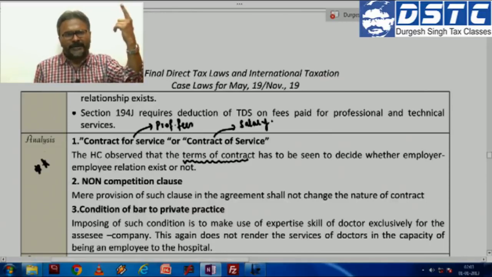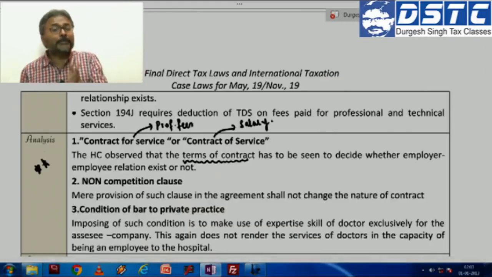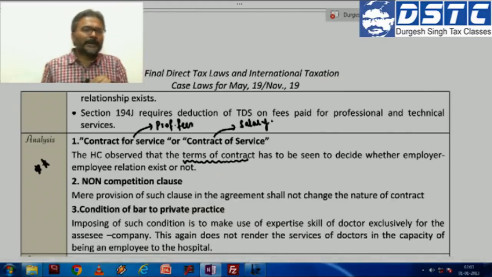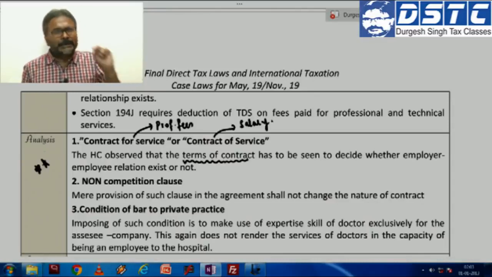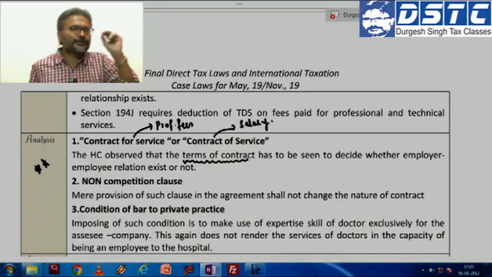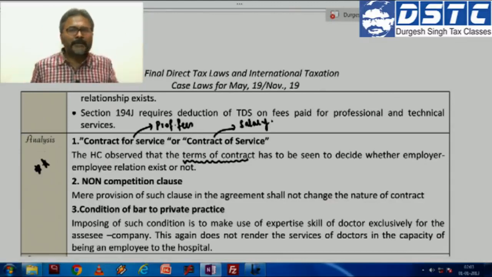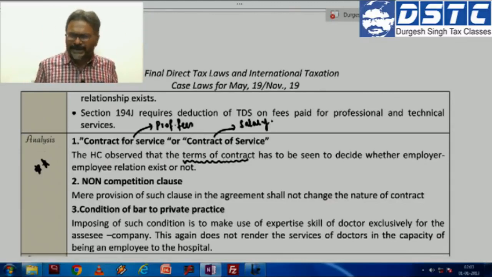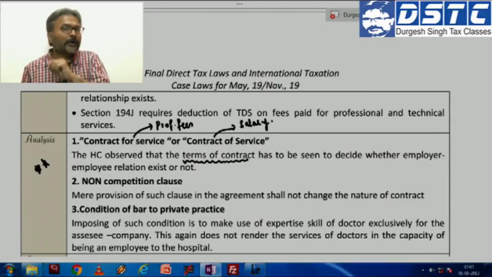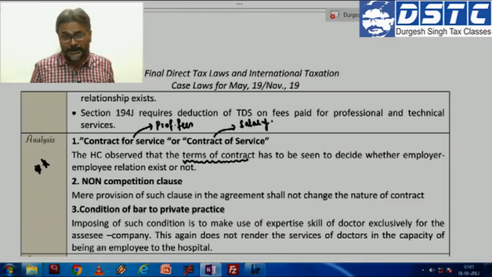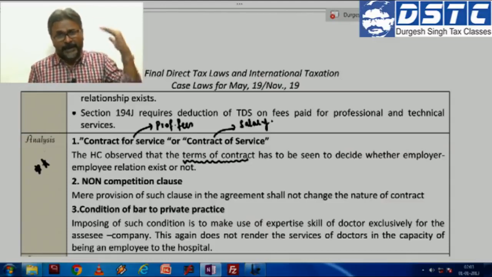Non-competition clause: if you would have seen the facts of the case, there was a non-competition clause, as per which the doctors were not supposed to join anywhere, nor were they supposed to do their private practice. So there was a non-competition clause which Manipal Health Hospital made with all its top-notch, high-end doctors.